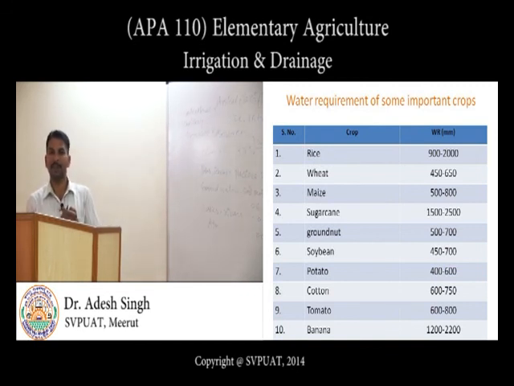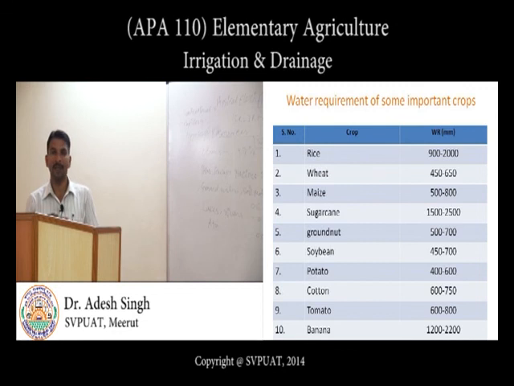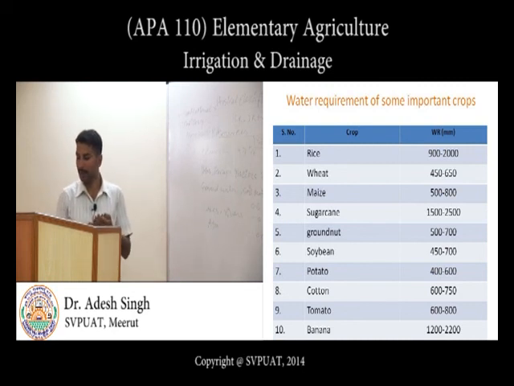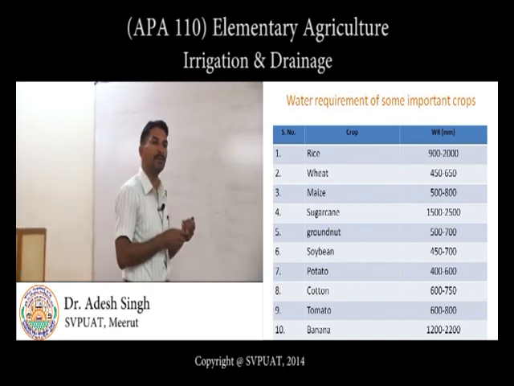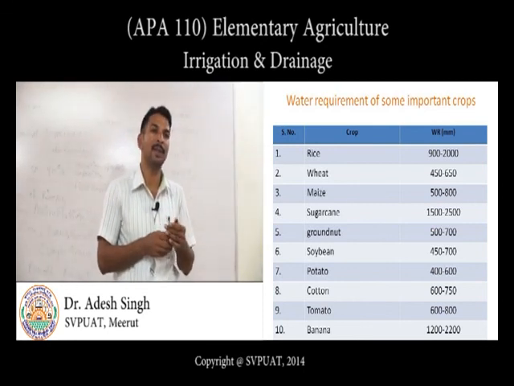Then wheat 450 to 650, maize 500 to 800, sugarcane 1500 to 2500, then groundnut 500 to 700, soybean 450 to 700, potato 400 to 600, then cotton 600 to 750, then tomato 600 to 800, and banana 1200 to 2200. So these are the average water requirements of different crops.